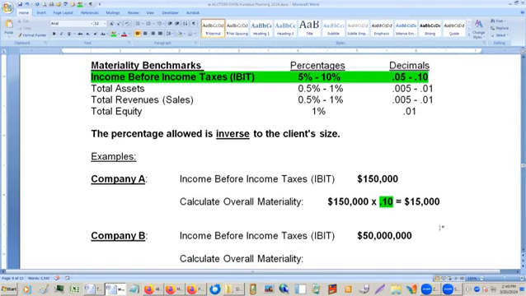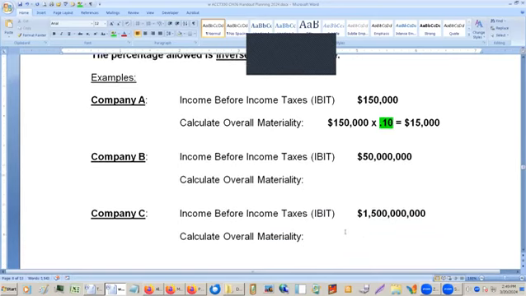Notice that is $15,000. You're probably not going to get sued over that, right? A lawsuit probably costs more than $15,000. So for the smaller companies, because the dollar amounts are smaller, you can give them more leeway percentage wise. We can take up to 10% because these are not astronomical dollars. It's only going to be $15,000. We're not talking about millions or anything like that. So we'll allow them to have the higher percentage that it could be misstated by, simply because the dollars are not as much.